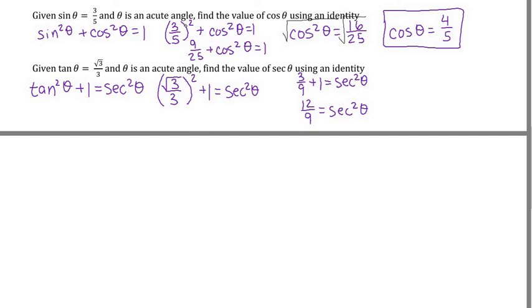And now that we know secant squared, we take the square root of both sides, and that gives us secant theta equals square root 12 divided by 3.